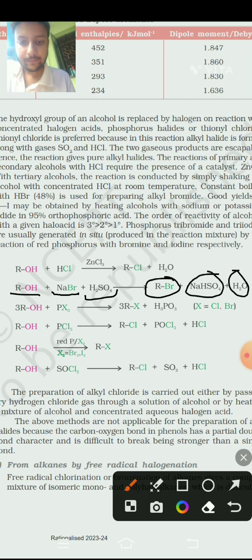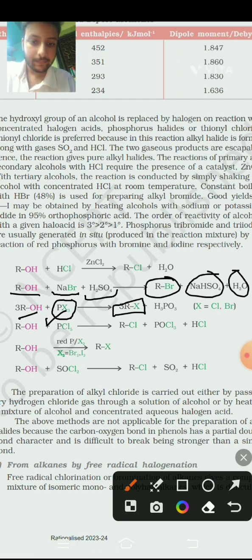Okay, similarly, if we use PX3, where X is a halogen, the phosphorus trihalide, and put it with the alcohol, it will give you haloalkane along with the byproduct H3PO3.